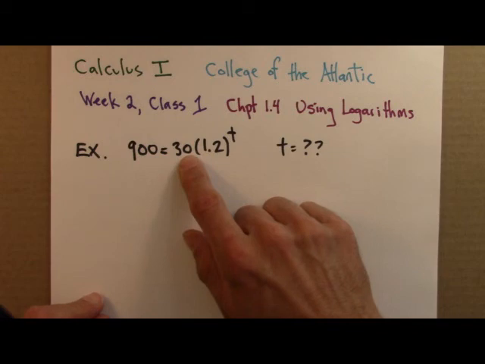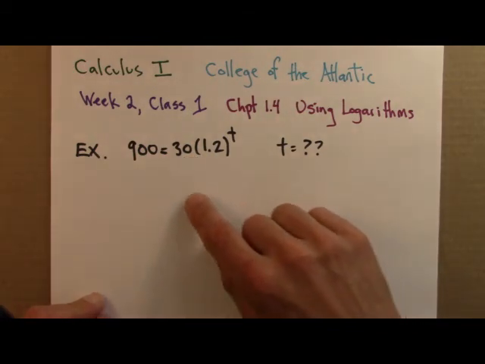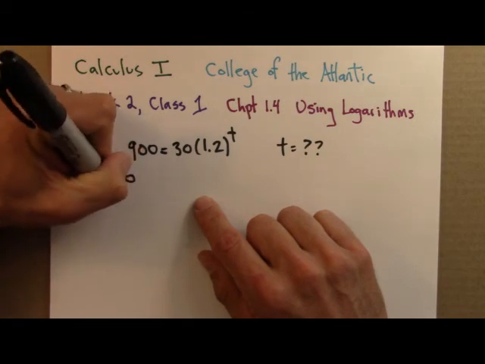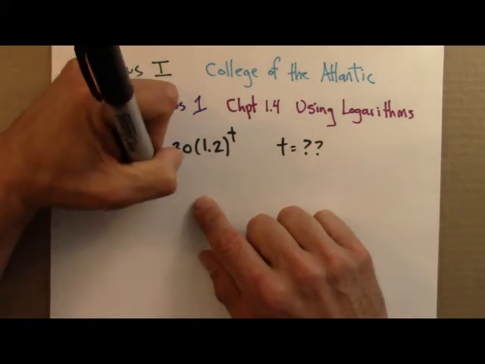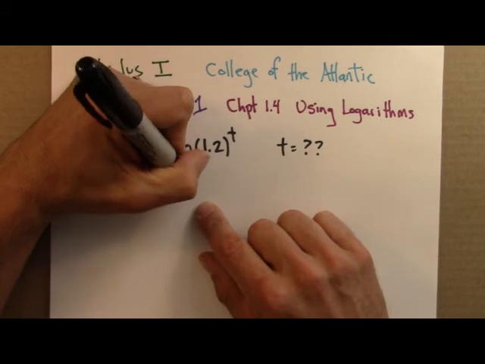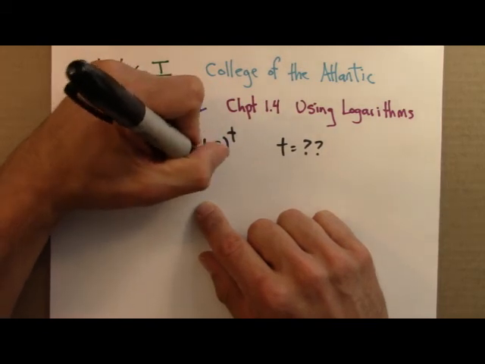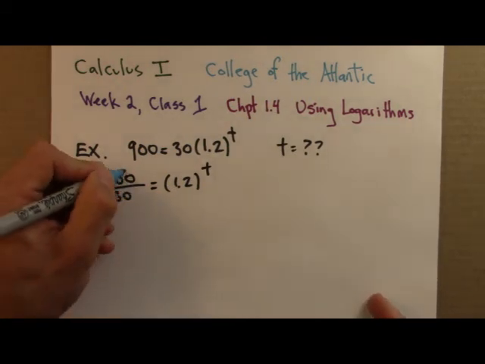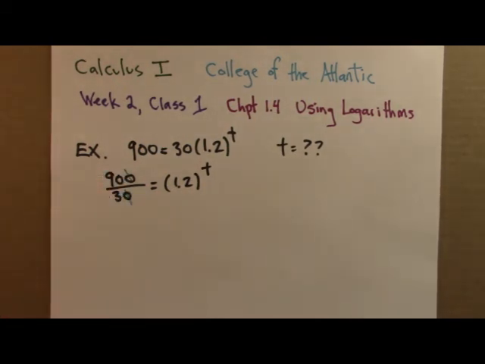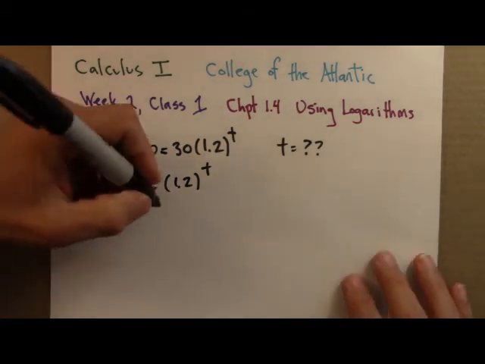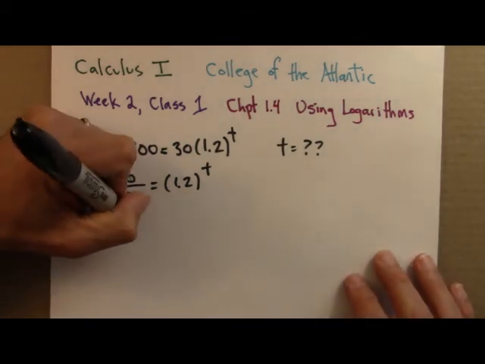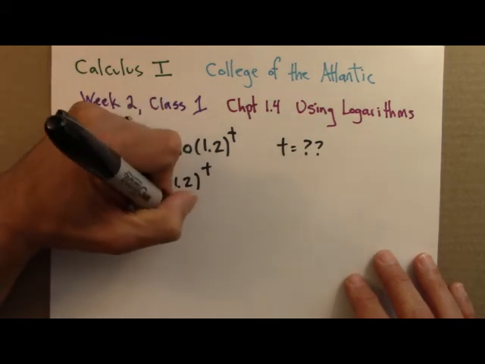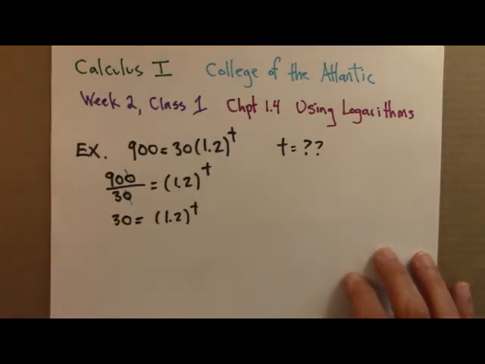So I'll simplify. I'm going to move this 30 over to the other side. I'll divide both sides of this equation by 30. And let's see, let me do this division. The zero goes away. 90 divided by 3 is 30. So we have 30 equals 1.2 to the t.